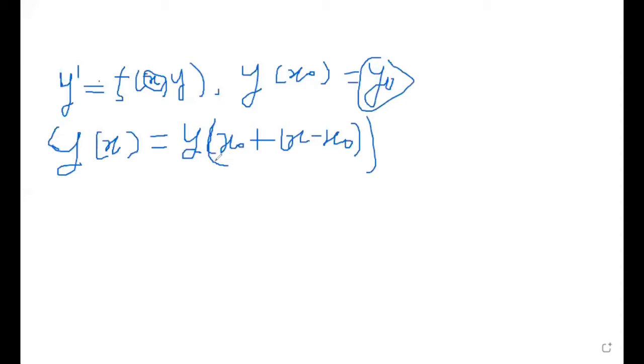So using Taylor's series method, I will expand this around x naught. I expand y at x naught plus x minus x naught. Suppose I am denoting this by h.